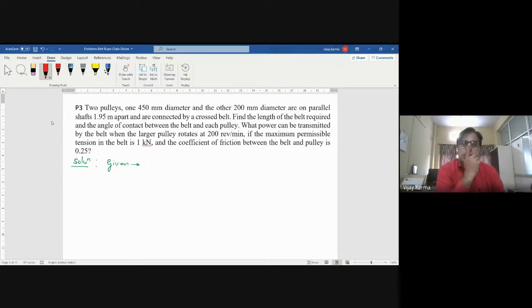So two pulleys are given, 450 mm diameter and the other 200 mm diameter, on parallel shafts. Okay, so say D1 is 450 mm, D2 is 200 mm, and the center distance, say C, is 1.95 meter apart.